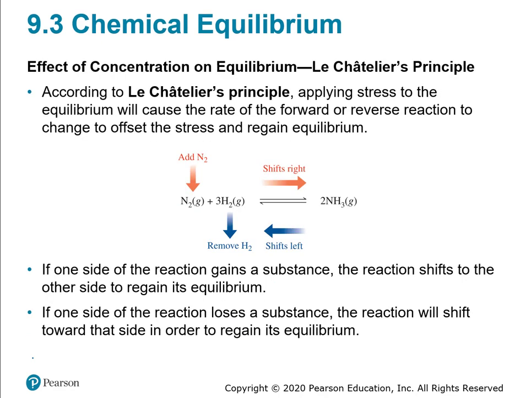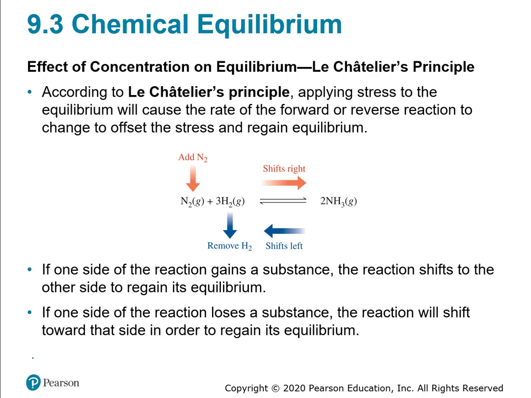Now, if I apply some kind of change to a reaction that's at equilibrium, then that is going to cause a shift in my reaction. The person that studied this was Le Chatelier, that's his name. It's a French guy. Le Chatelier studied reaction systems once they reach equilibrium.